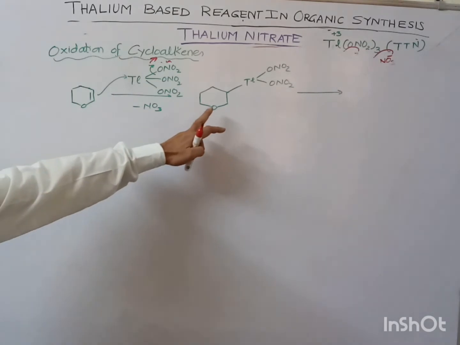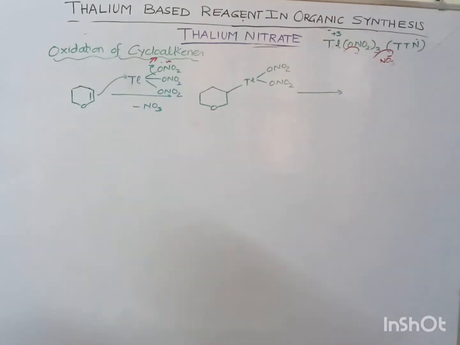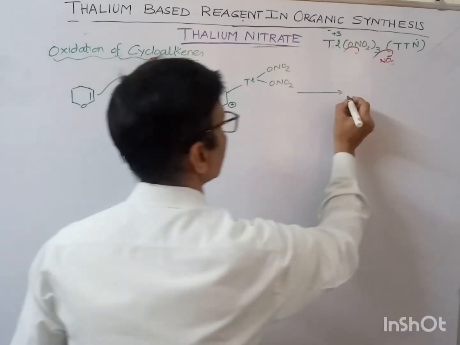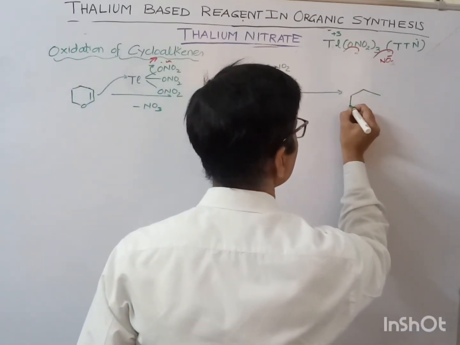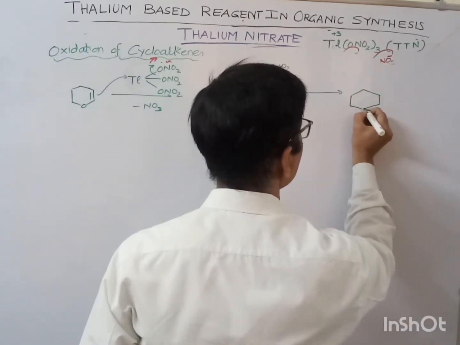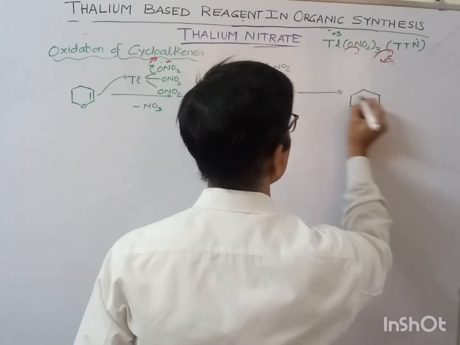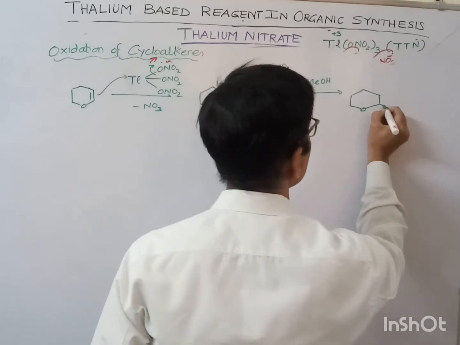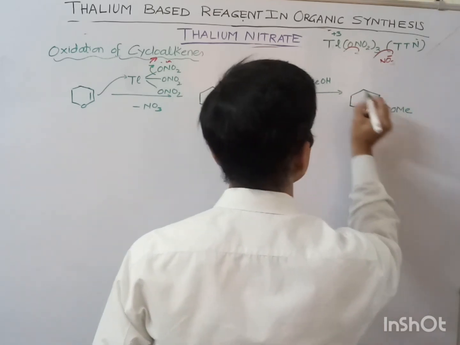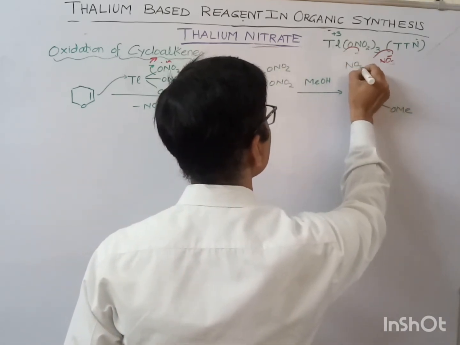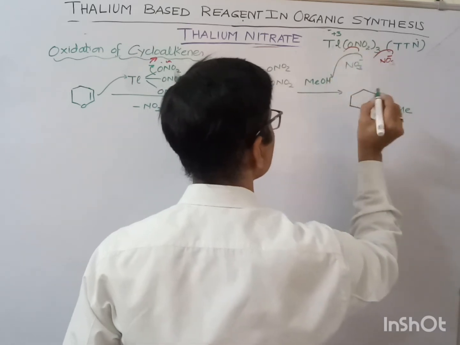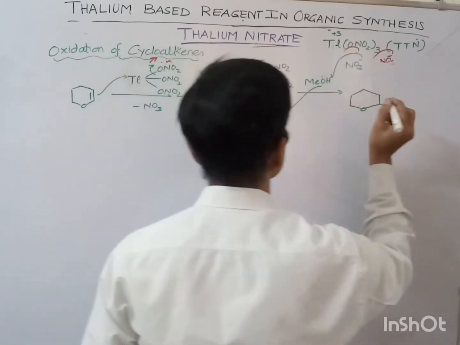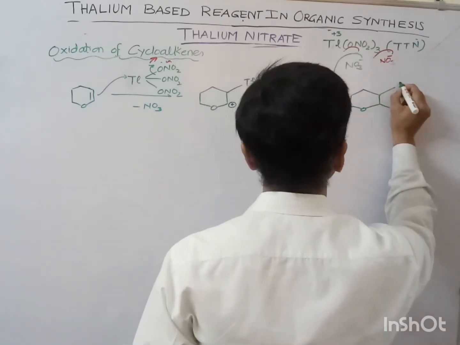So the positive charge, here we will have the positive charge. Okay, so in the next step we have ONe, nitrate ion. This will tap over this center, electrophilic center.